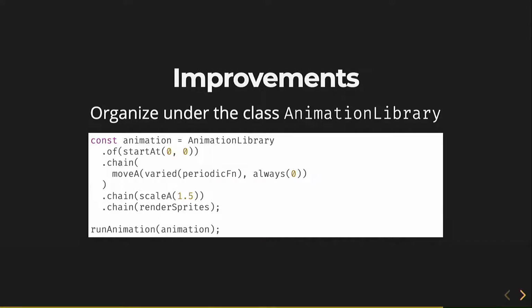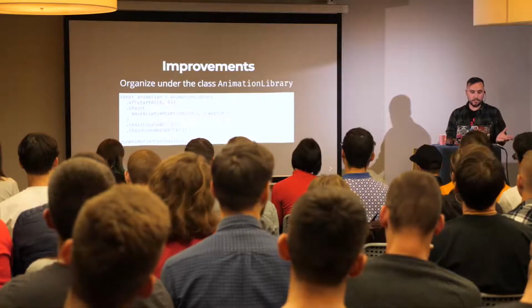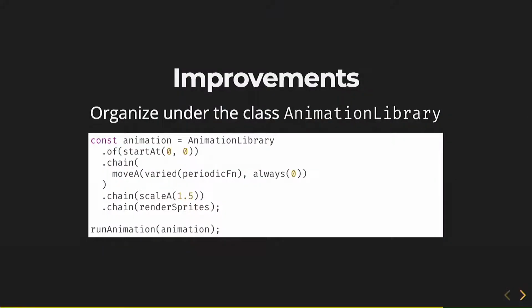So basically, the chain would be the same as the andThen function, which will compose the animation returned by this method and the animation defined here, and also return the animation, and we can again compose it with scale, and that's basically it. And after that, just run it when you want. So I don't know, it's pretty nice. I mean, it's way better than what we defined on the previous slides.